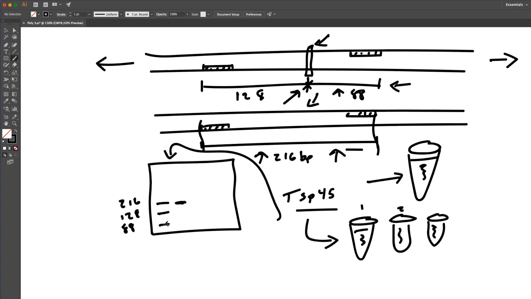And if you get 3 bands, then you know that the person has one good copy and one bad copy. And if you just get one band at 216, you know the person should be wild type. So, if indeed this mutation causes the disease, then every person that has the disease should have this restriction pattern.